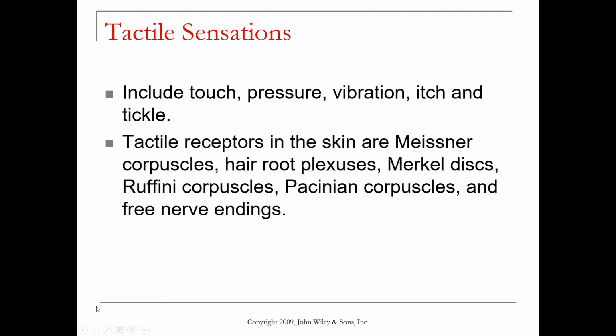The hair root plexus, I want to point this one out. This is the nerve ending wrapped around the hair shaft on our skin or on our head. When wind blows across our hair and our hair moves around, we're aware of it because the hair root plexus, the nerve ending wrapped around the hair root itself, is stimulated.